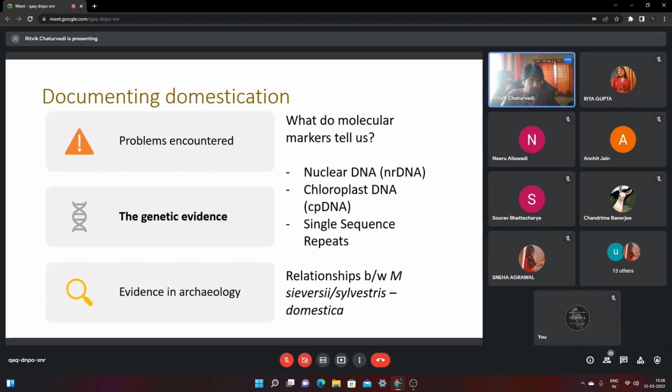Based on single sequence repeats or microsatellite markers, we've concluded that Malus domestica is quite different from Sieversii. In fact, recent studies also show that chloroplast DNA of most apple cultivars bears more resemblance to Sylvestris than to Sieversii, which is actually contradictory to what I said earlier.